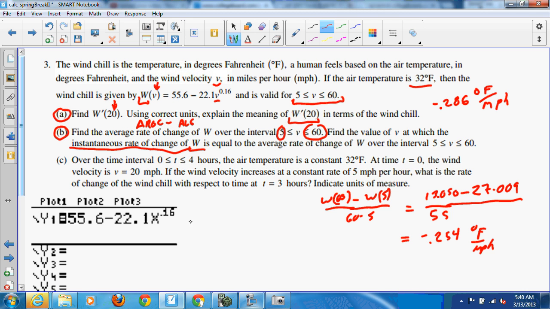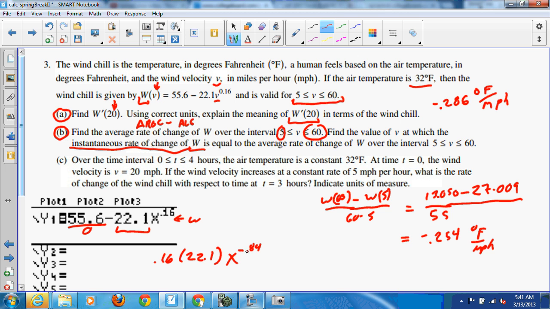So this is our W function here in the calculator. So we have to find the derivative of this. So the derivative of this part goes to 0, right? And the derivative of this is 0.16 times 22.1, and we'll have x to the 0.16 minus 1, negative 0.84.